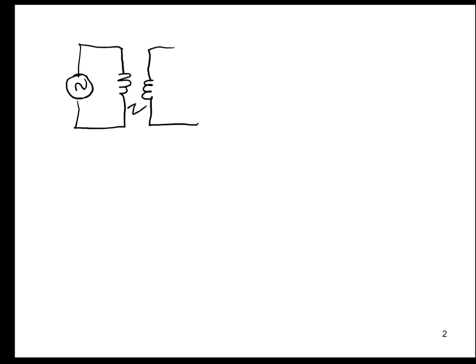But the thing we need to understand is when we have an AC source now and a coil, the magnetic field's changing. So if we bring another coil into the vicinity of that magnetic field, that changing magnetic field is going to induce a voltage and current into the secondary here, and we're going to have a VAC value equal to the secondary voltage from this transformer.